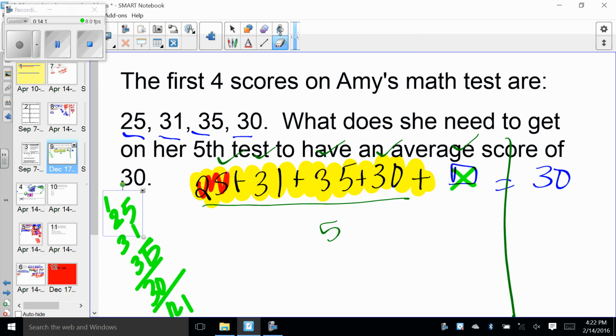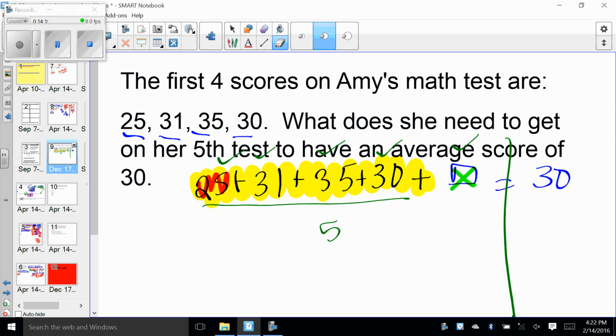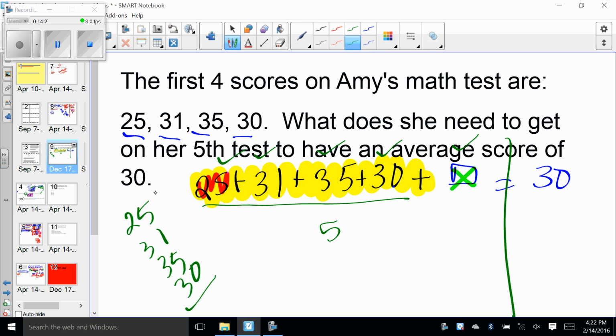Go ahead and make sure that's correct. Everybody should be adding that up at the same time. Sorry, my pen's just really bad right here. Yeah, 121. So we have 121 plus x divided by 5 equals 30.